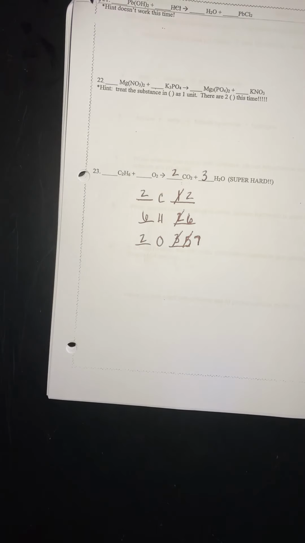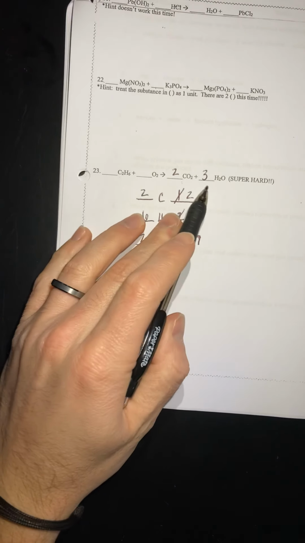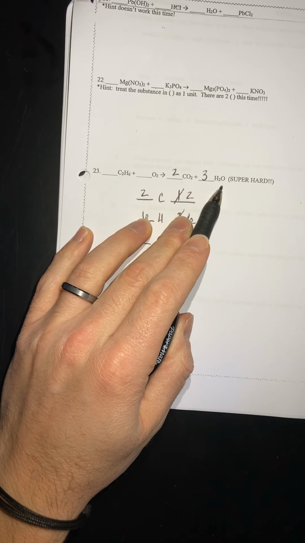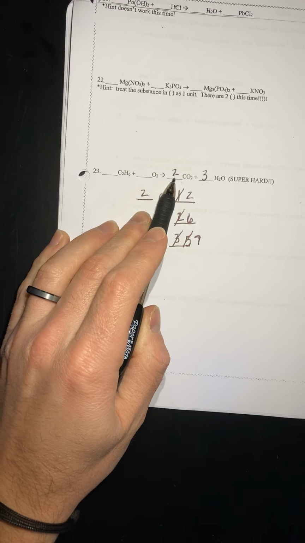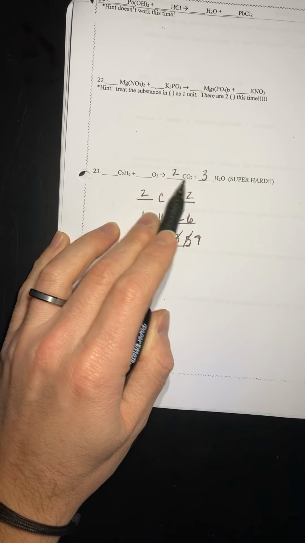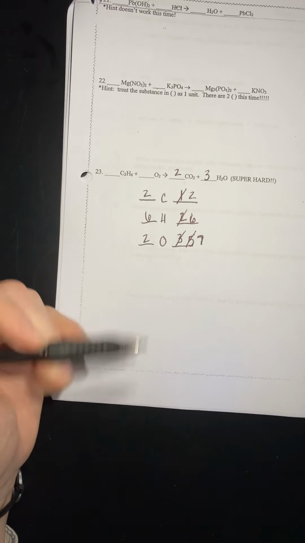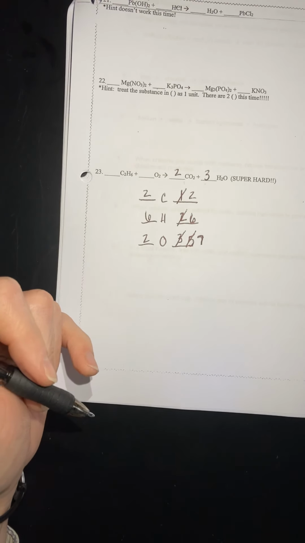All right, everybody with me in how I got that? No. Look, I put a 3 right here. That gives me 3 oxygens here, right? 3 times 1. And then I still have the 2 times 2 here, which is 4. Plus the 3, that's 7. You got to total them up.